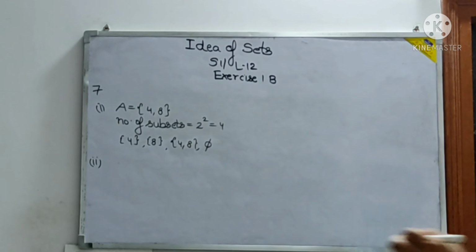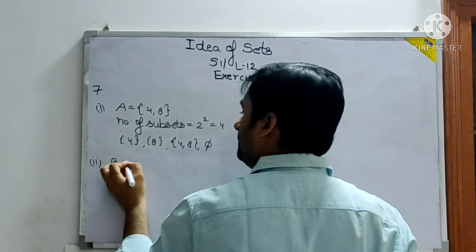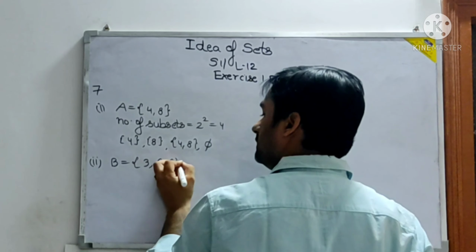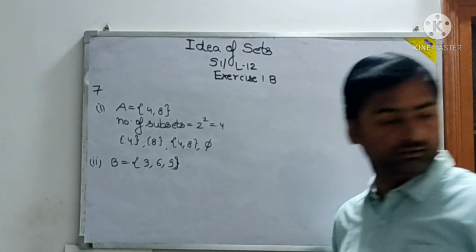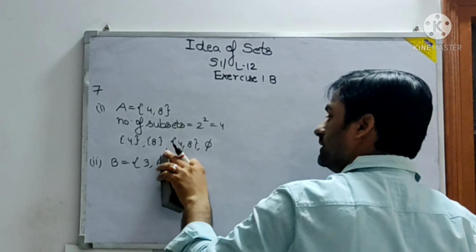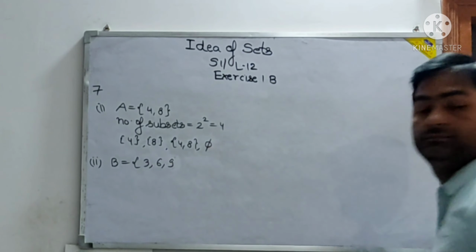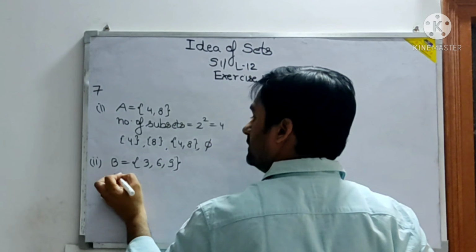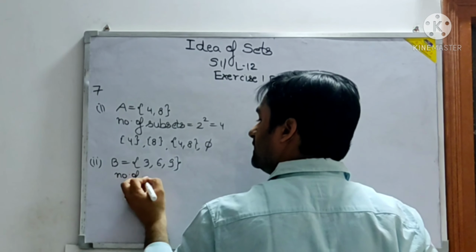Then the empty set. Second part is what? B is equal to 3, 6, 9. That means how many elements are there? 3 elements are there. That means number of subsets equal to how much?